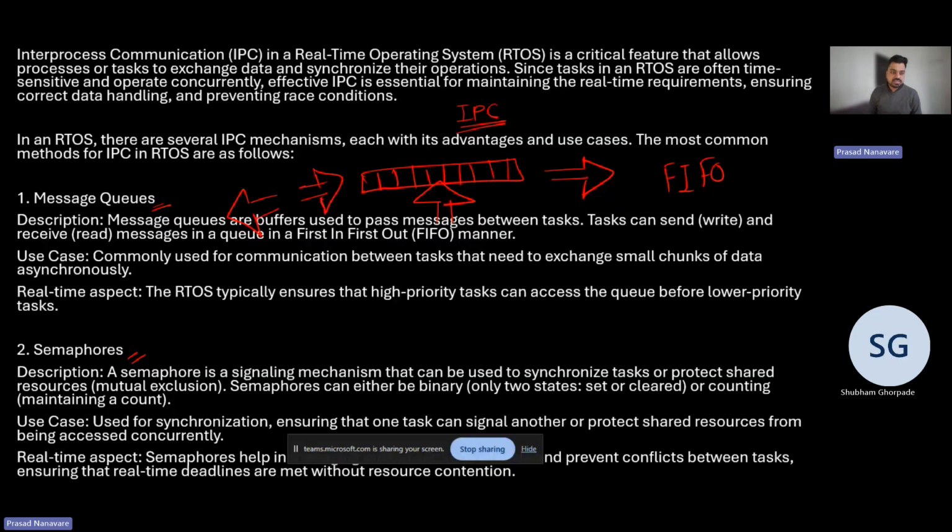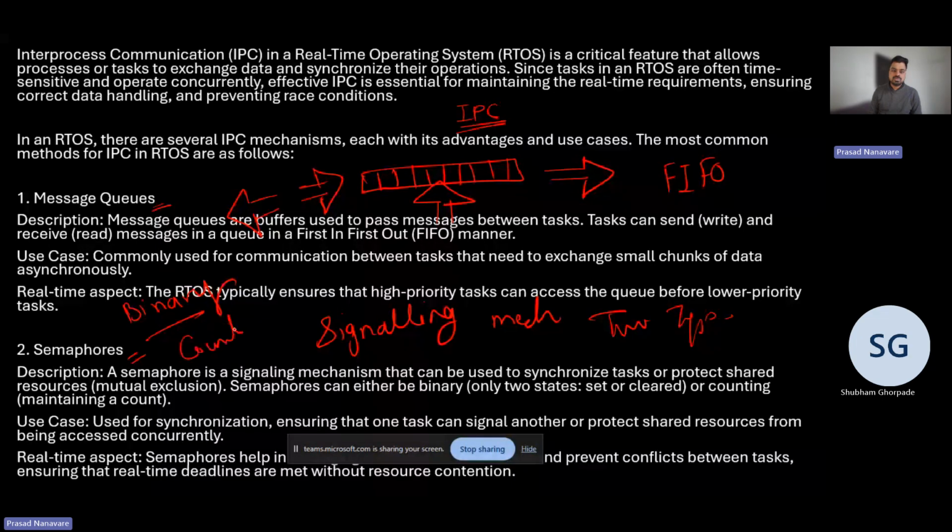Then a semaphore is basically a signaling mechanism. It's mostly of two types: a binary semaphore and a counting semaphore. Both of them work differently. Binary has only 0 and 1 values.